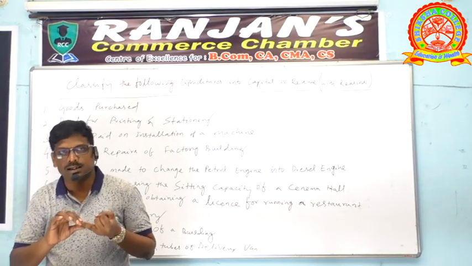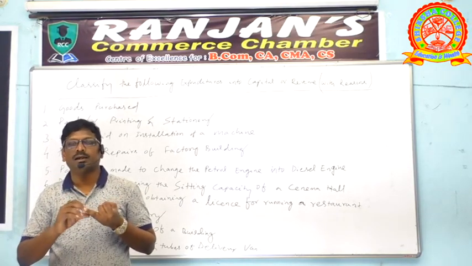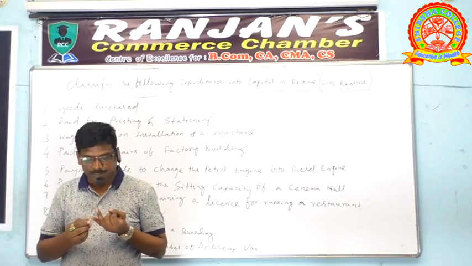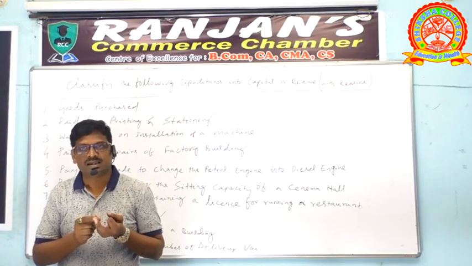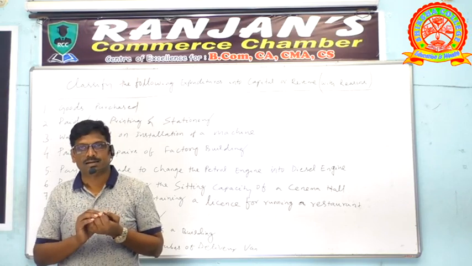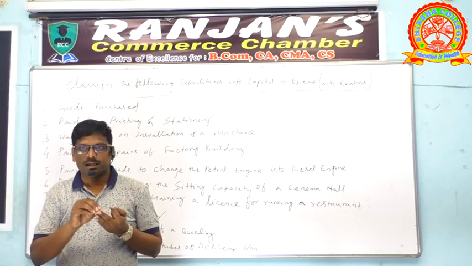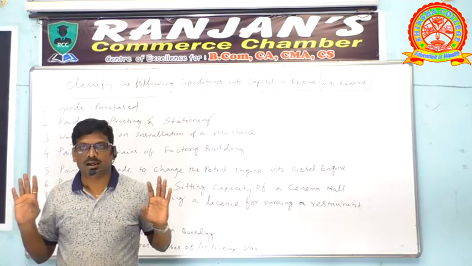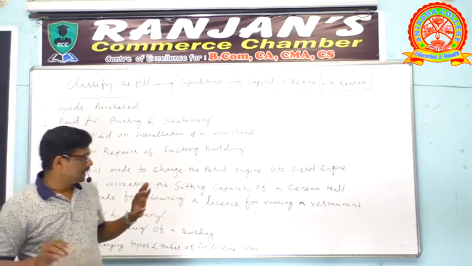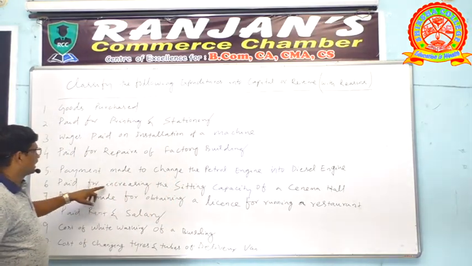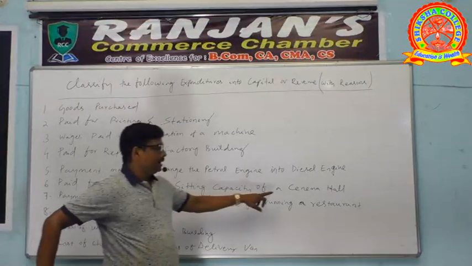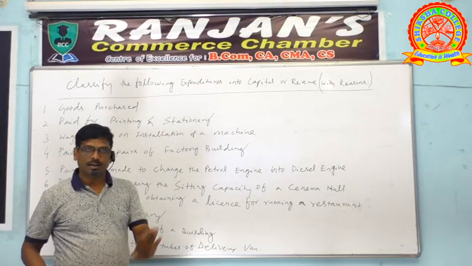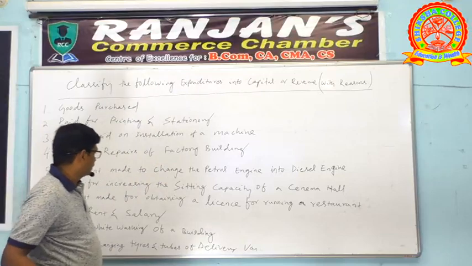The 25,000 is capital expenditure because capacity increased. Capacity increased, performance increased, life increased. Expenses incurred to do all these 3 things are capital in nature. Hence, expenses incurred to increase the sitting capacity of a cinema hall is capital expenditure. Okay? Next.